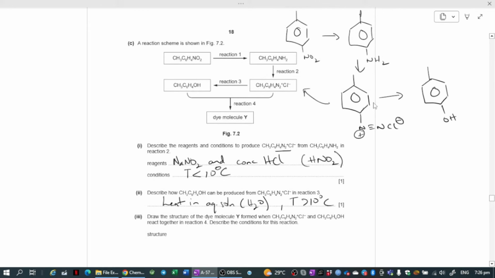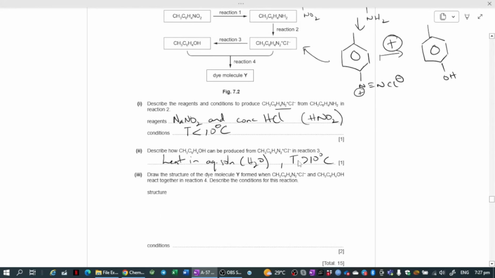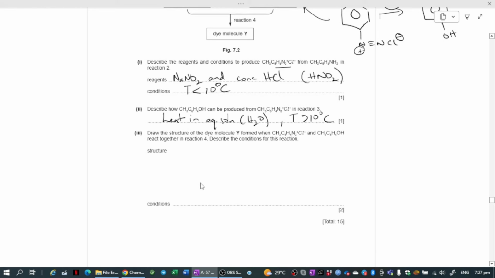So these two things are combining together to give the final structure, and they want us to state the conditions required here. Now, what are the conditions? For this coupling reaction, we would need sodium hydroxide, and you would need a fairly cold temperature. So we could say temperature less than 10 degrees C here.